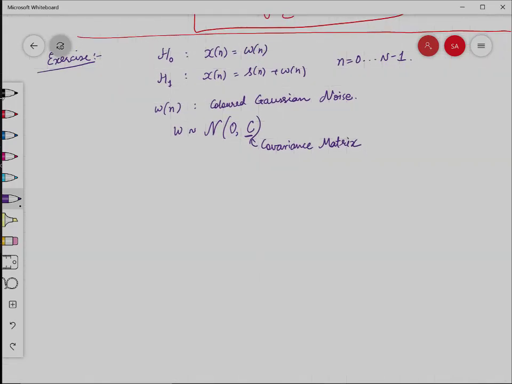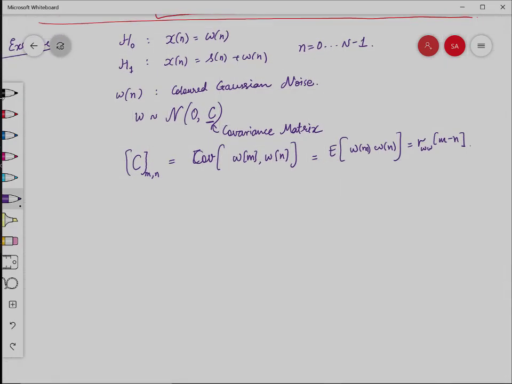Alright, so the elements of C, the m cross nth element of C, is the covariance of Wm and Wn. This is given as the expectation of Wm times Wn, and another way of denoting it is something like this. So this C is the covariance matrix, which tells how the different noise samples are correlated.